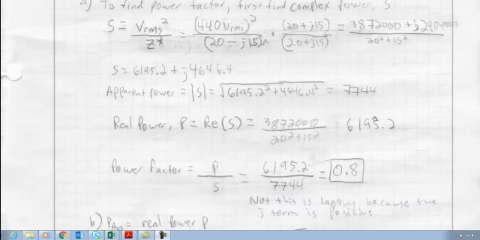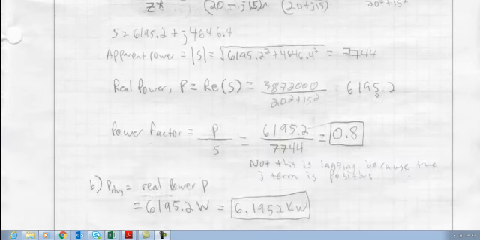So 6195.2 is the real part, and the power factor is going to equal the real power divided by the apparent power, the magnitude of S. So that's going to work out to be just 0.8: 6195.2 divided by 7744.